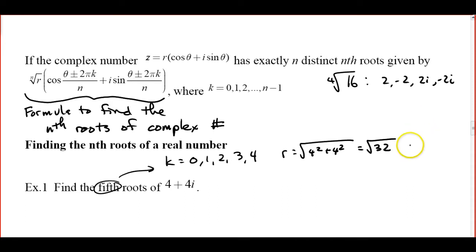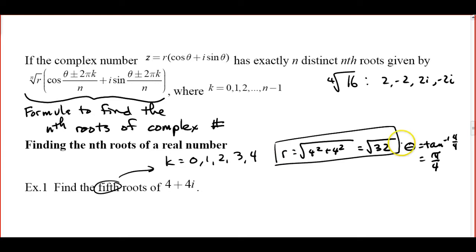And we're going to need to know what theta is. Theta is going to be the tan inverse of 4 over 4. We know that's in the first quadrant, and that's going to be pi over 4. So we've got r, we've got theta, and we've got n equal to 5.